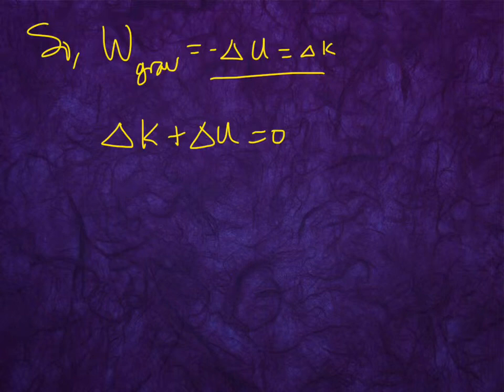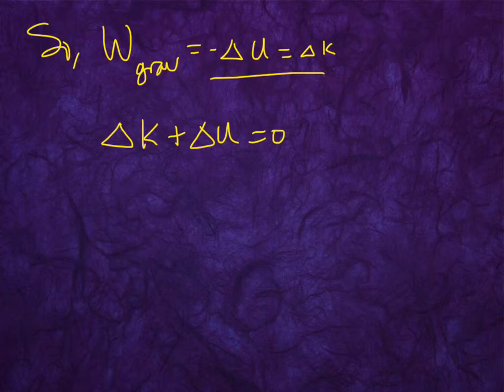But it's pretty much when you have work done by gravity, the total amount of kinetic and potential will not change. Now, you can have positive amounts of kinetic and positive amounts of potential. Both of those values can be huge.